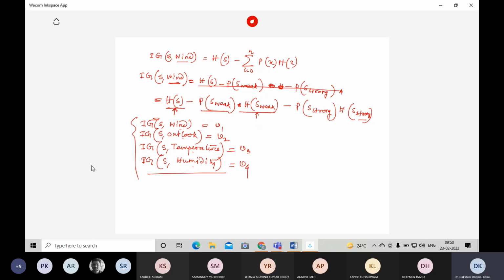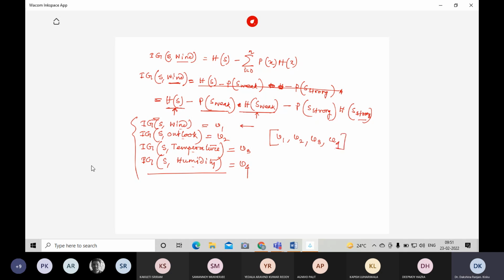Now the basic assumption about information gain is that we need to select the feature which has the maximum information gain. Out of these four information gain values, which one is to be selected for the root node?